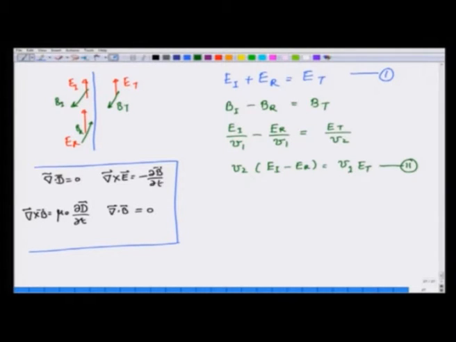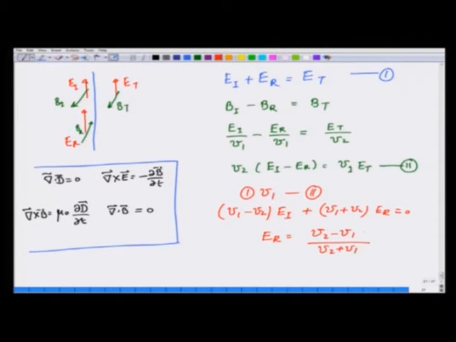Let us multiply equation 1 by V 1 and subtract equation 2. This gives me (V 1 minus V 2) E incident plus (V 1 plus V 2) E reflected is equal to 0, and this gives E reflected is equal to (V 2 minus V 1) over (V 2 plus V 1) E incident.